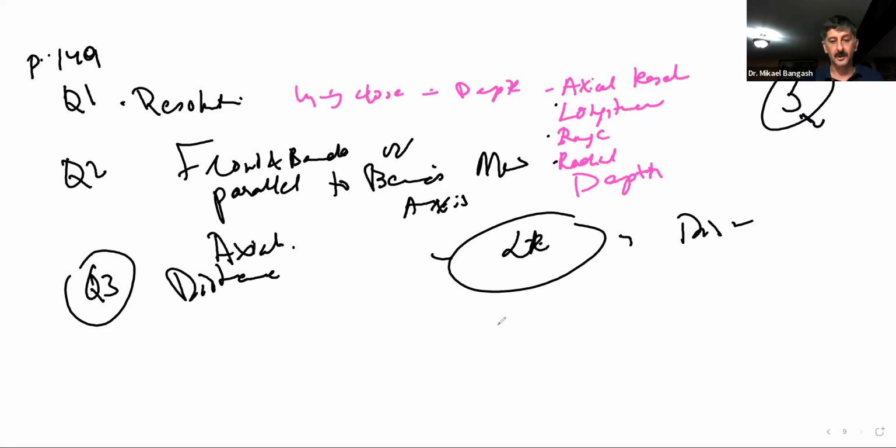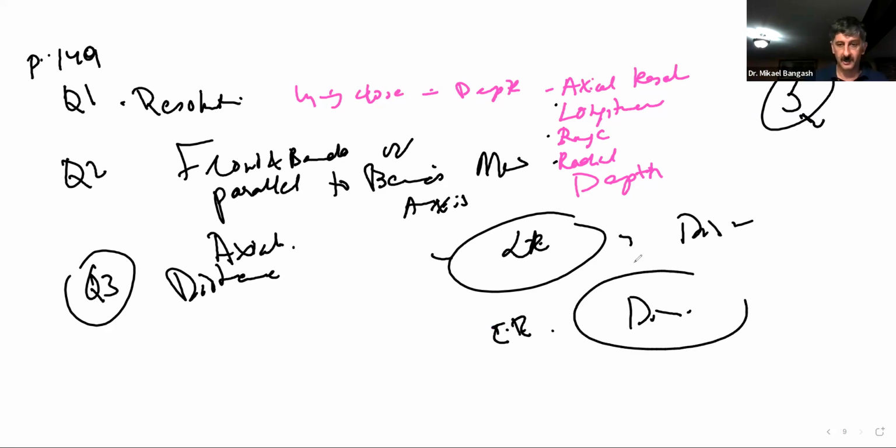So is elevation resolution. It's also measured using a unit of distance. Clear?